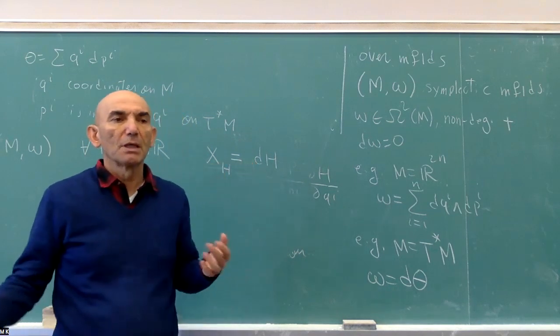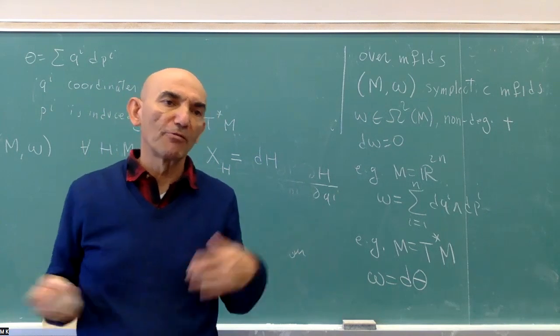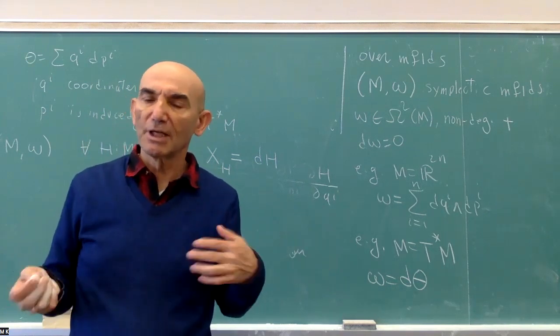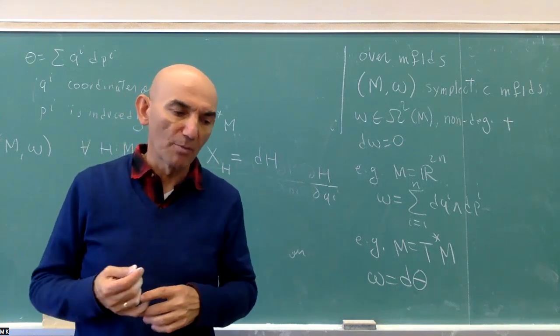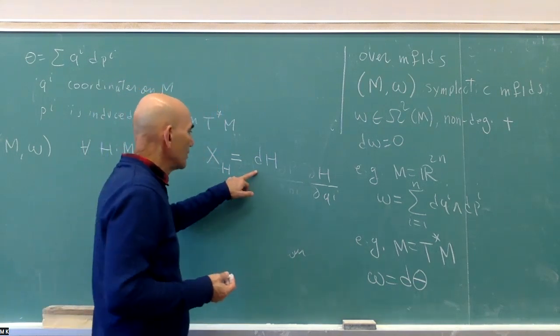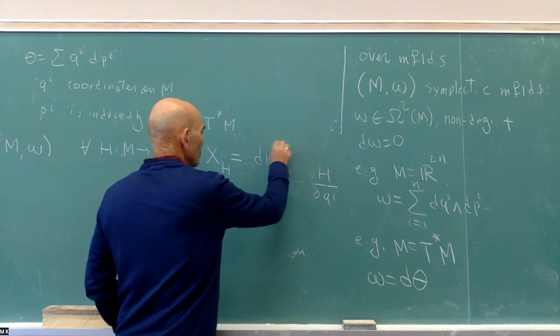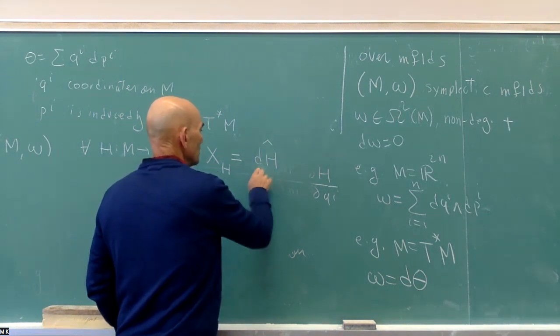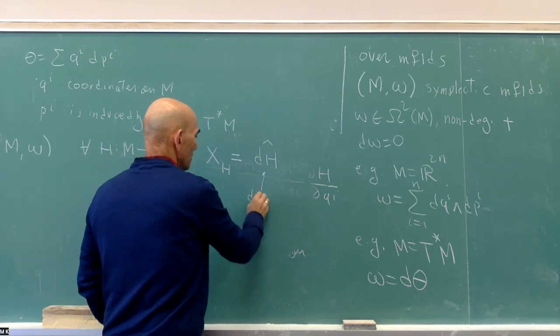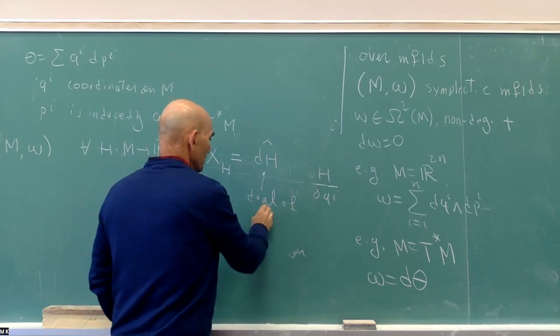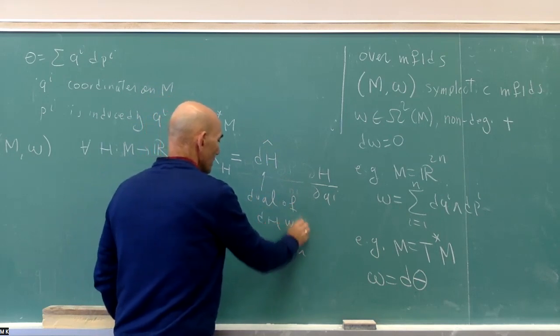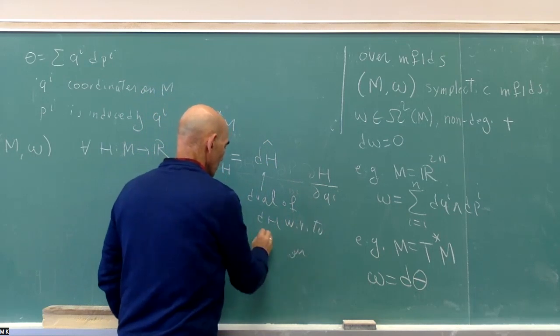If you have a function, it's cheap to form a one form on any manifold. But you take this one form and then we just dualize it: this is the dual of dh with respect to omega.